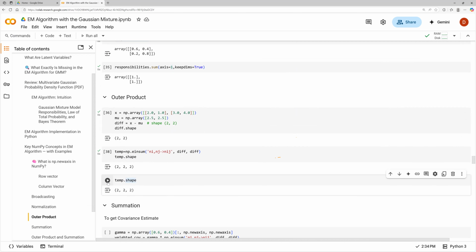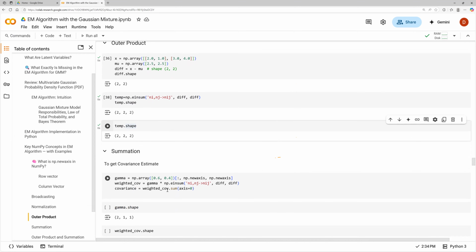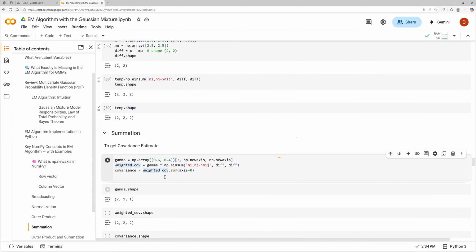Oh, I did this here before. And then finally, the summation, where we take the gamma 0.6, 0.4, we convert this to 3 dimensions, then we multiply it times this outer product here, and then we get the covariance.